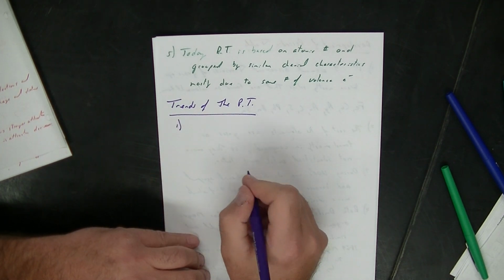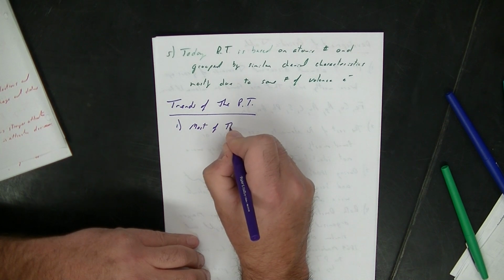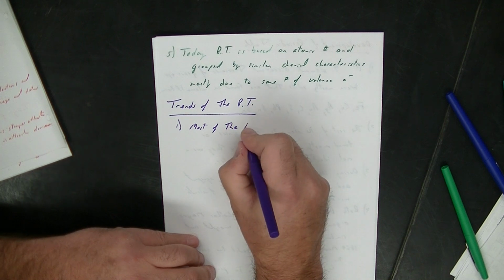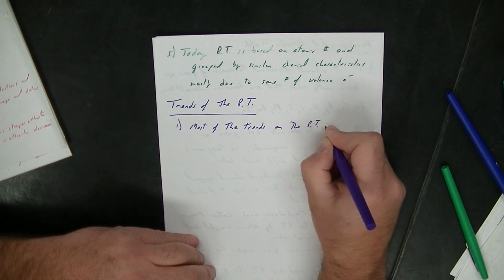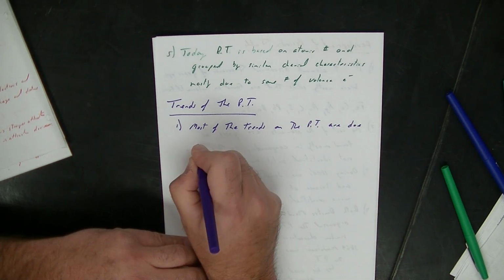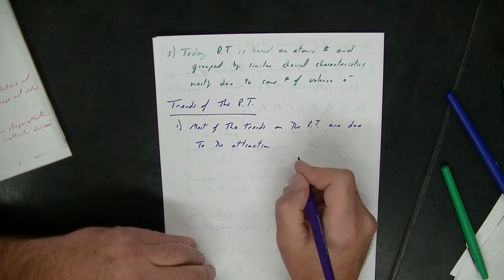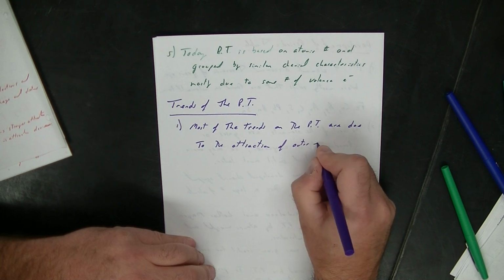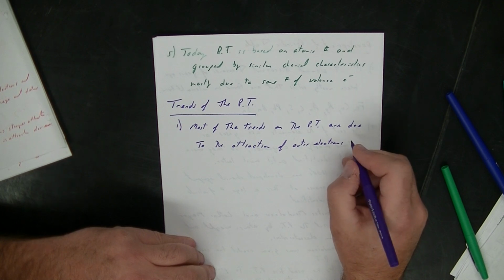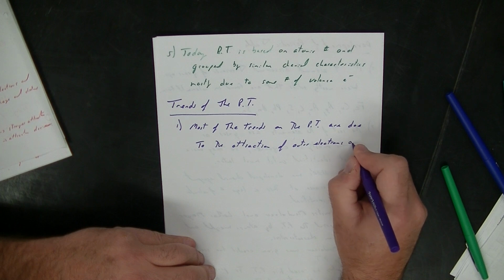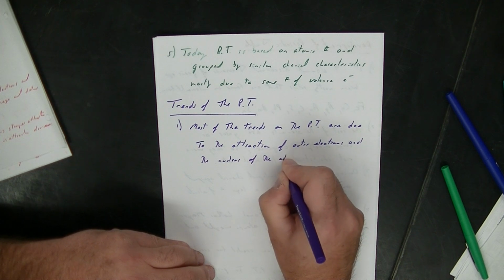So most of the trends on the periodic table are due to the attraction of outer electrons and the nucleus of the atom.